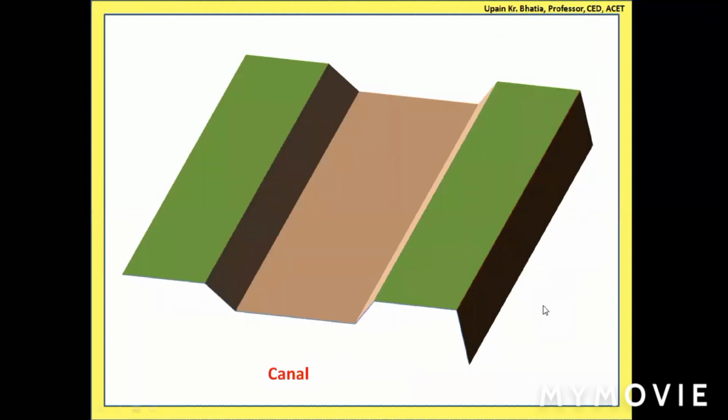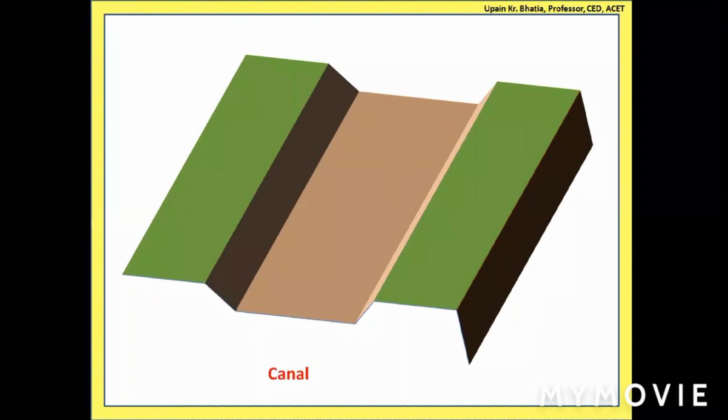Now, once the water has entered into the canal, there was only one device in the river, that is the silt excluder, because the water transfer starts at this point, and at the very first level we provide the silt excluder to exclude the silt from entering into the canal. But once the water has entered into the canal, you can see this trapezoidal section of the canal.